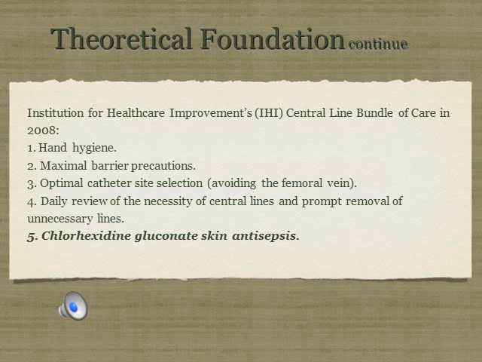Fourth is daily review of necessity of central lines and prompt removal of unnecessary lines. Let's just say the patient's discharged from the ICU to a regular floor, the medical surgical floor. He or she might not need a central line anymore. Then we'll remove that to prevent any kind of complication that is associated with having it.